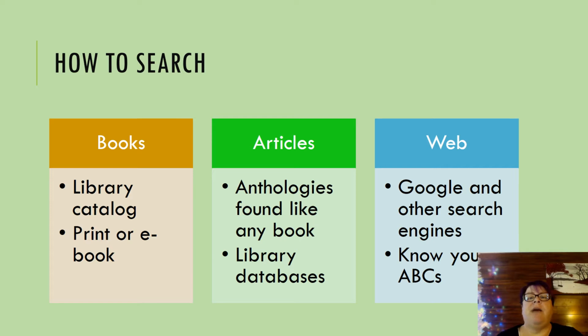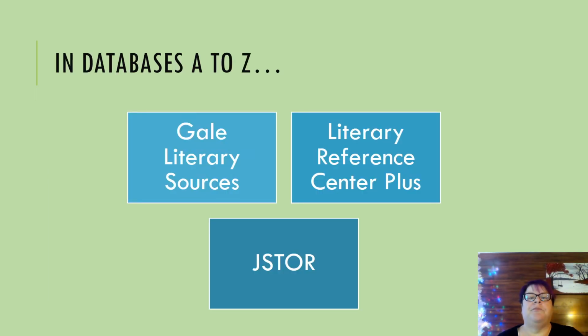For non-literary topics, general databases like Academic Search Complete are great, but LSSC also offers some great databases that focus on literature. On the next slide, I will give you my recommendations for research for the literature-based papers in ENC 1102. Both Gale Literary Sources and Literary Reference Center Plus are excellent resources for any work of literature. JSTOR is as well, but it's better with the older literature than with newer works.